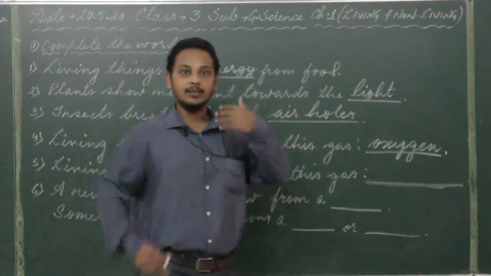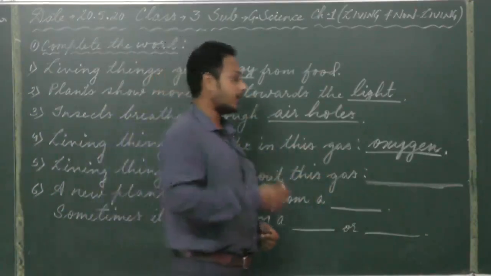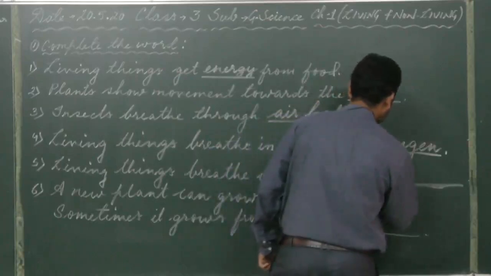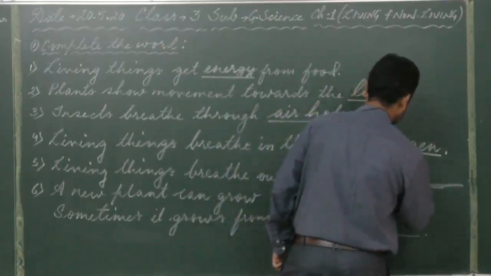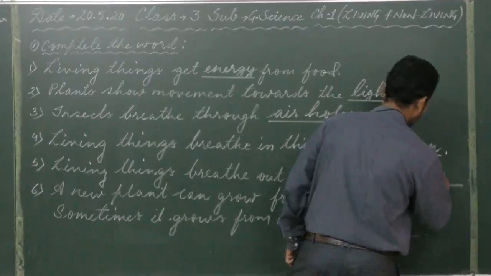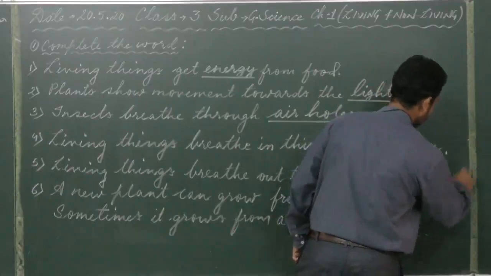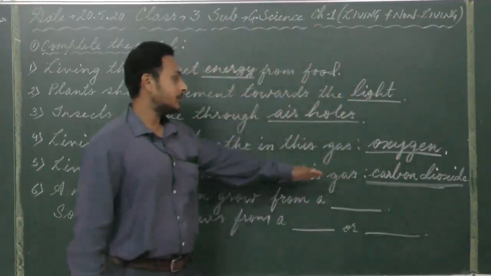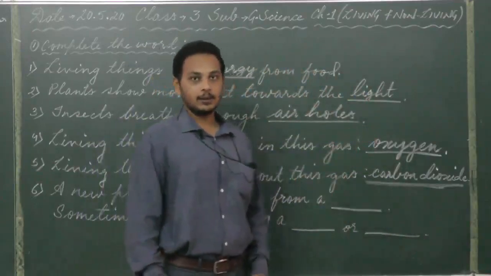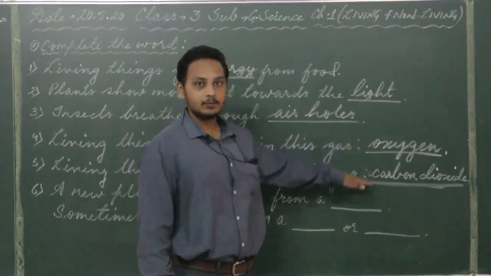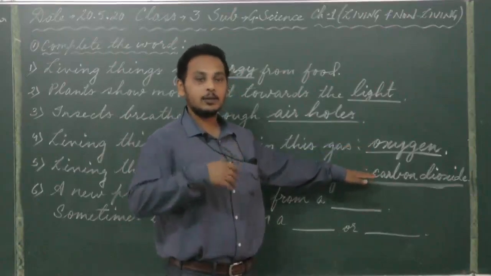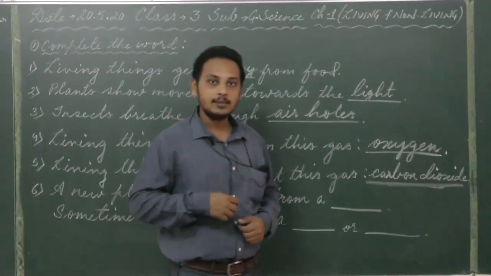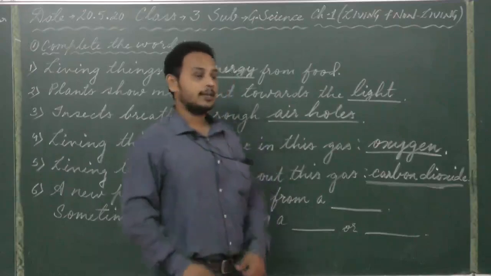We take in oxygen. What do we give out? We give out carbon dioxide. Remember these two names nicely. Human beings or living beings, they take in oxygen and they give out carbon dioxide.